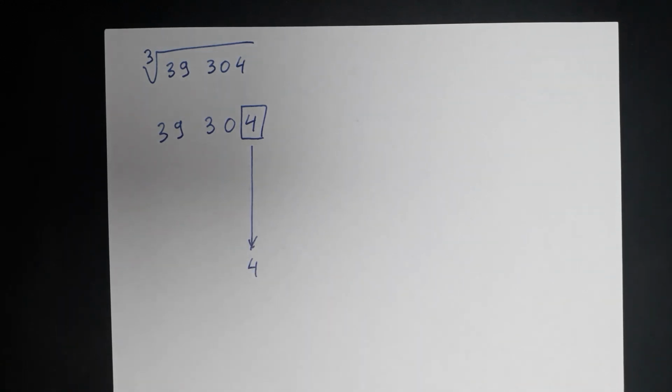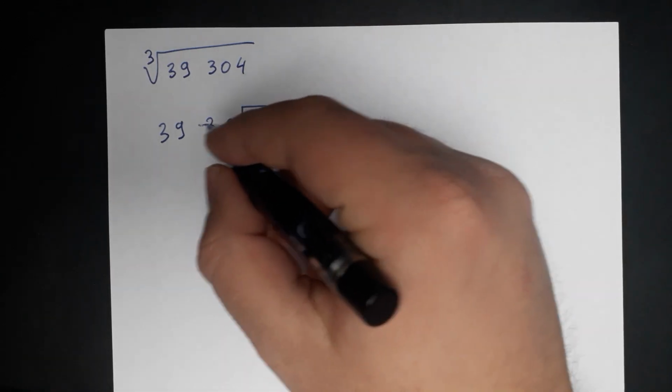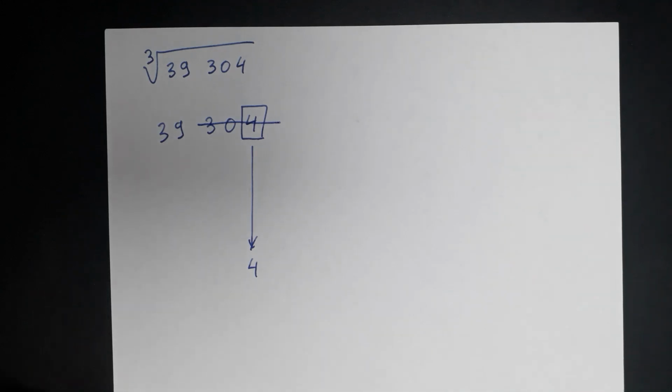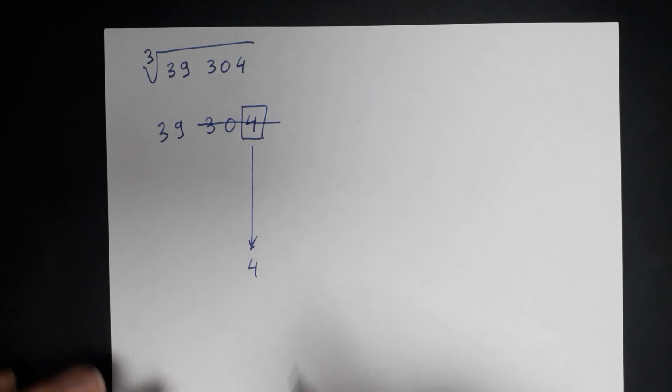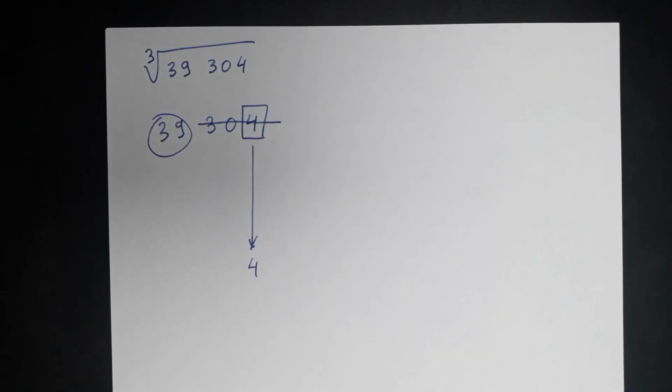The second step is to ignore the last 3 digits of our number, which is 304. So, in the number 39,304, we are going to ignore the 304. The third step is to find the closest cube without going over. We are left with the number 39, which is between 27 and 64.